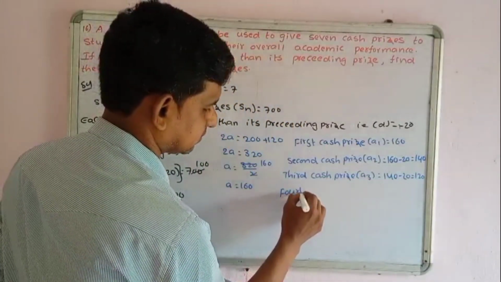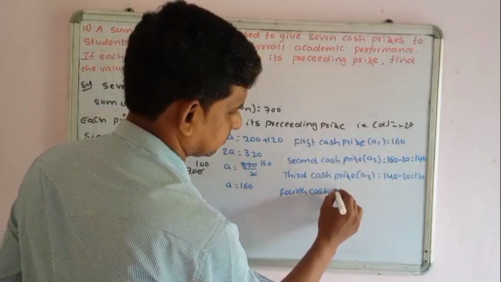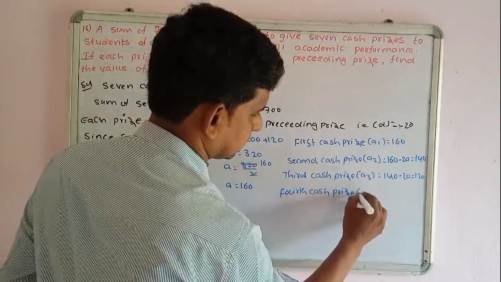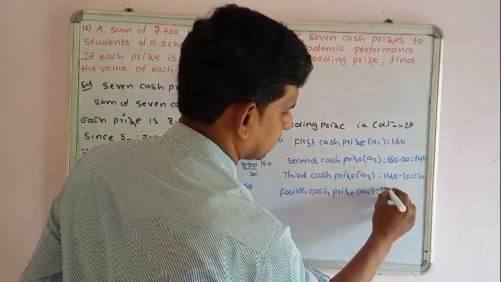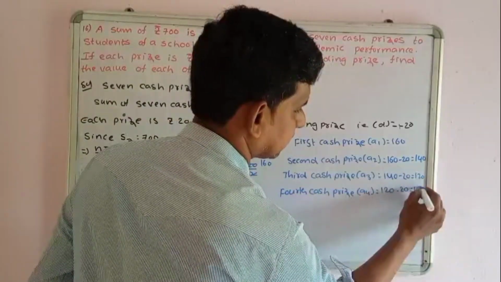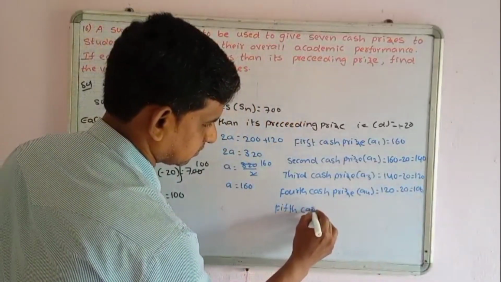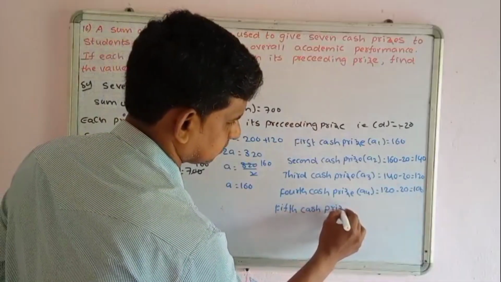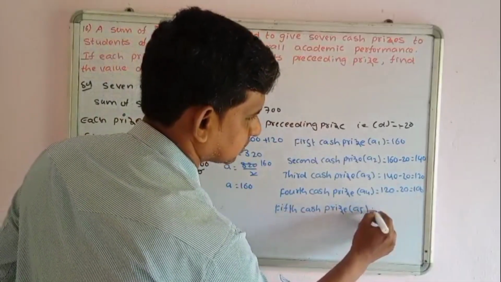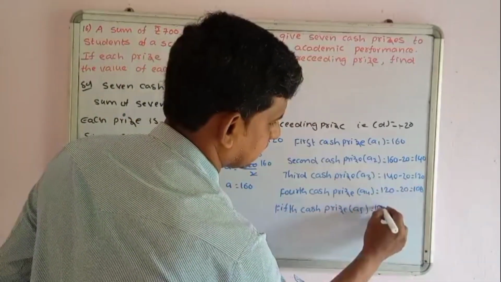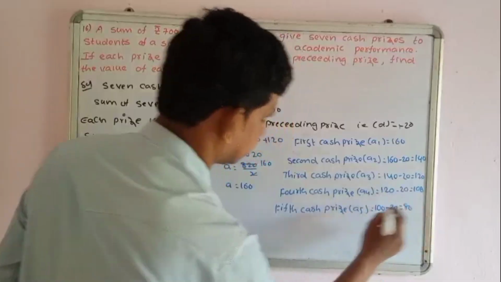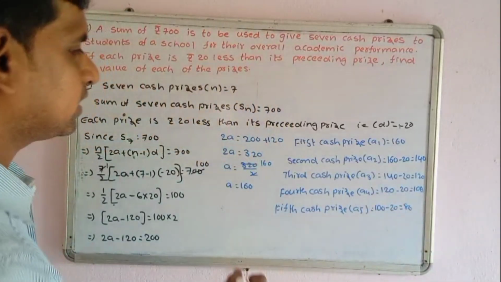Fourth cash prize: a4 equals 120 minus 20, that is 100. Fifth cash prize: a5 equals 100 minus 20, that is 80. How many cash prizes are there? 7 cash prizes.